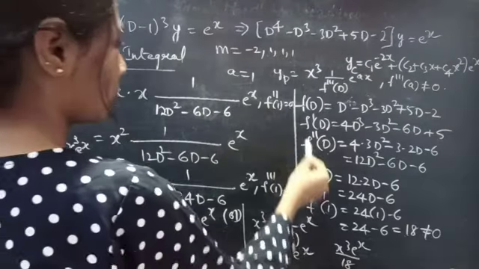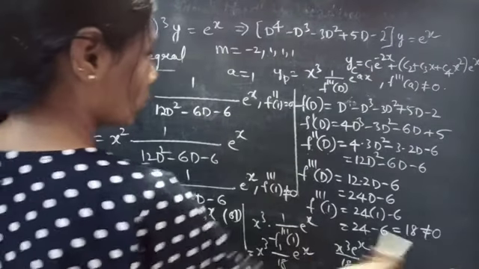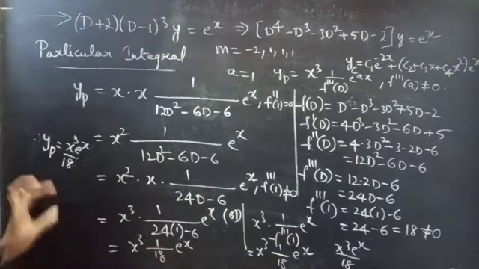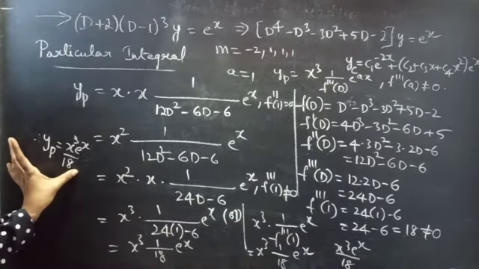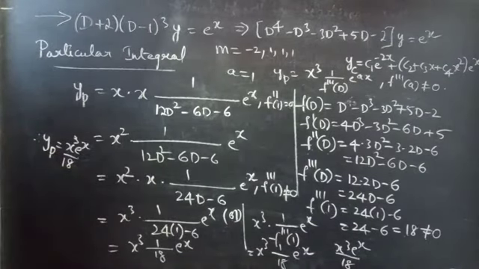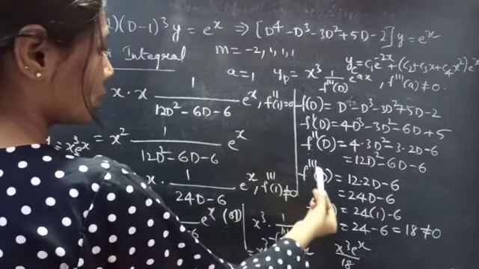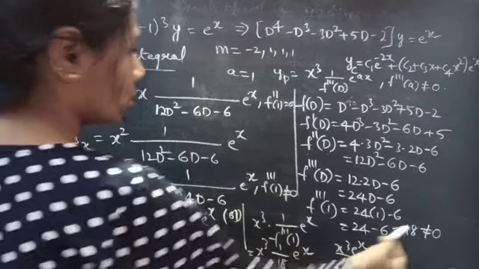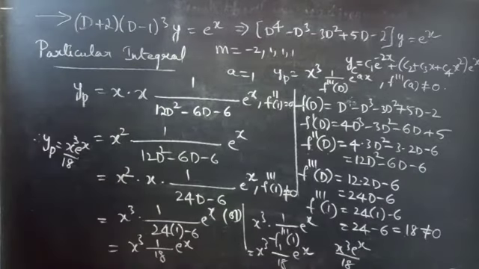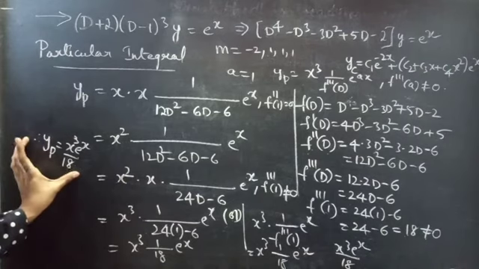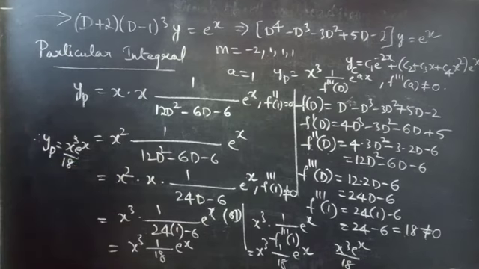If you get somewhere a value which is not equal to 0, then you'll stop and write yp. At some point of the derivative of f of D, you'll get not equal to 0 by substituting D equals a. At that point, you'll write the particular solution, or particular integral, I can say.